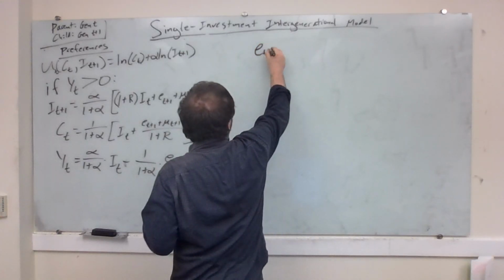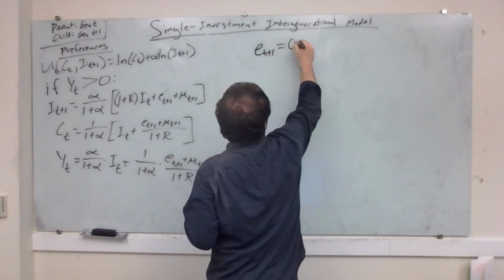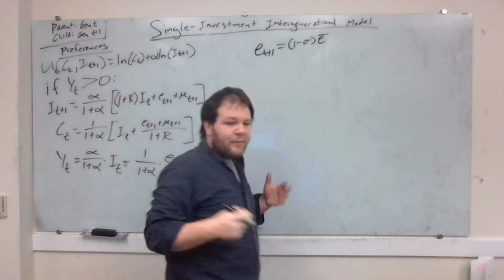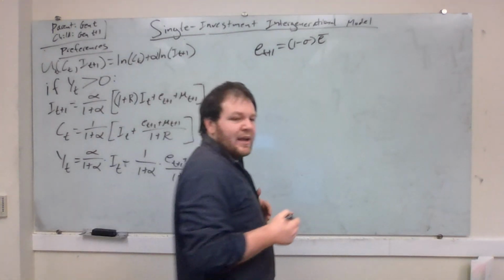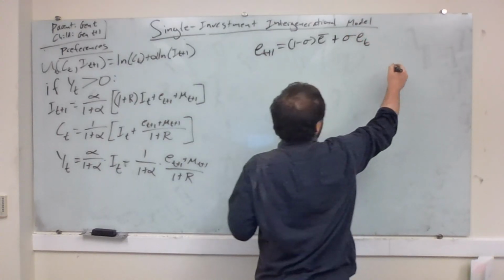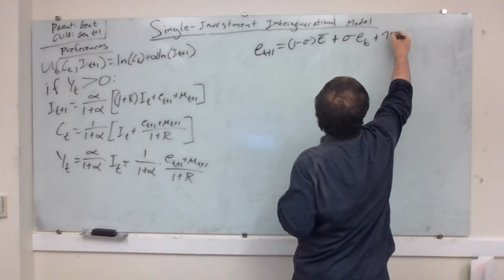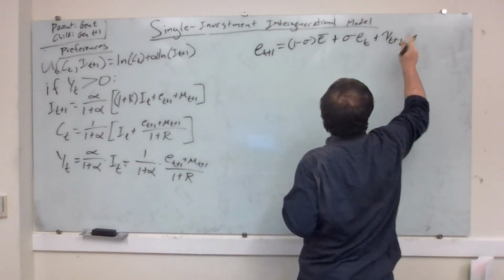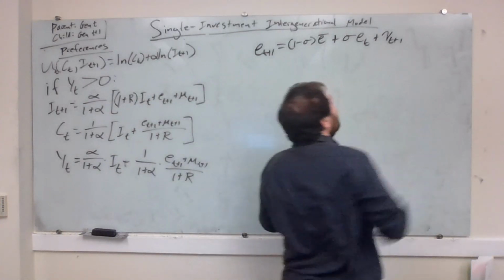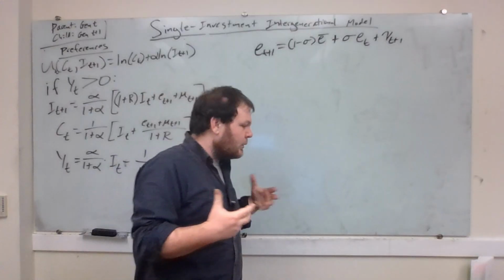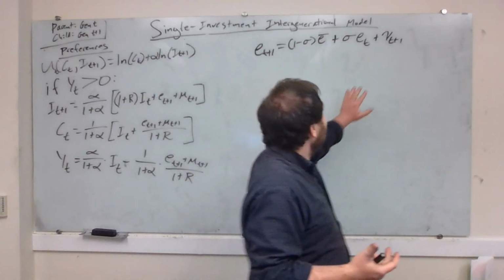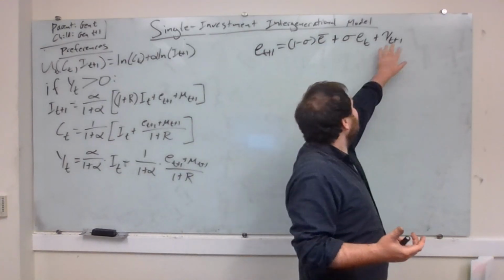So we'll say E_{t+1} equals (1 minus sigma) times E-bar, which is just the average endowment for everyone, plus sigma times E_t, your parent's endowment, and then plus what we'll call, I believe, nu_{t+1}, which is essentially your idiosyncratic change in all of these things. Some people grow up with a fairly low quality or less lucrative social network and then make some really highly placed friends that they're going to be able to pass on to their children. That's going to be in this nu.